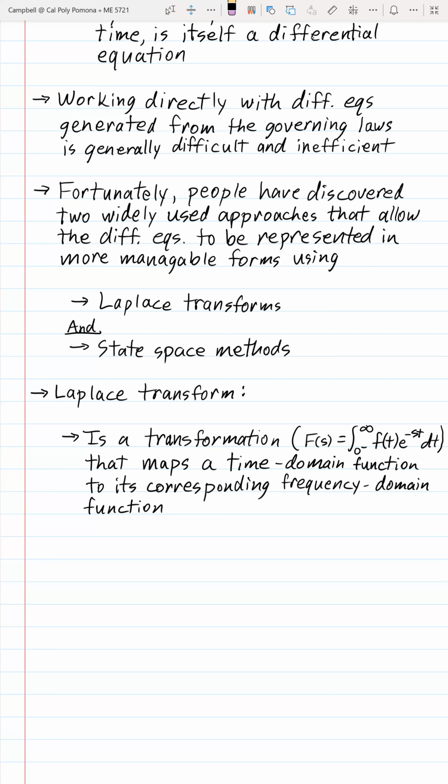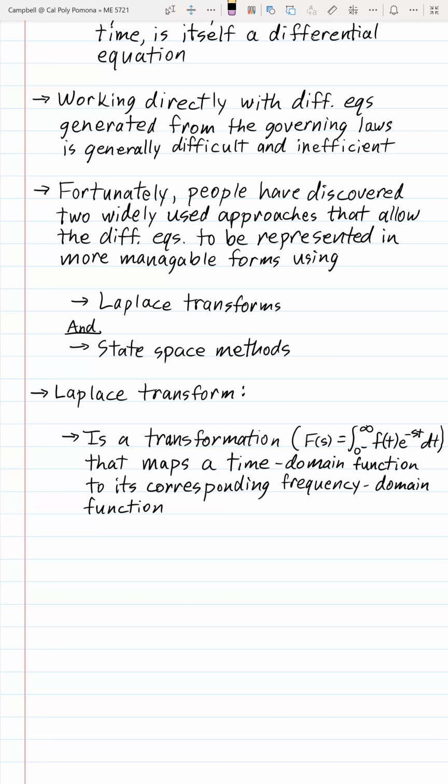So I'm just going to go ahead and start adopting that particular terminology here, since it is used throughout industry that way. Okay, so we're mapping a time domain function to a frequency domain function.